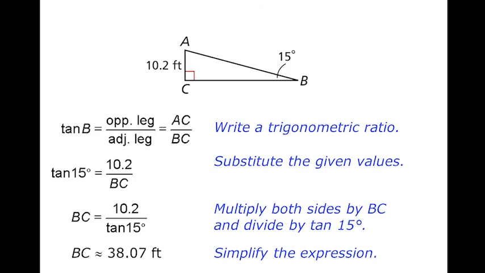Now let's have this example. We have the angle B, 15 degrees, we have the height 10.2 feet, and we are finding out this BC, meaning the base. So tan theta is perpendicular by base, or opposite leg over adjacent leg. So theta here is the angle, already given, 15 degrees.